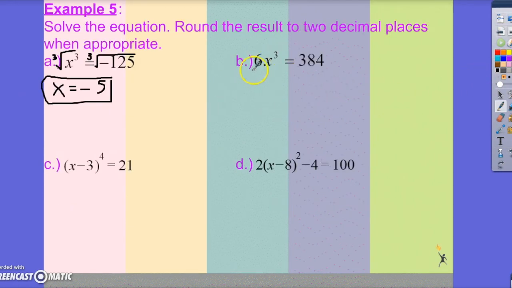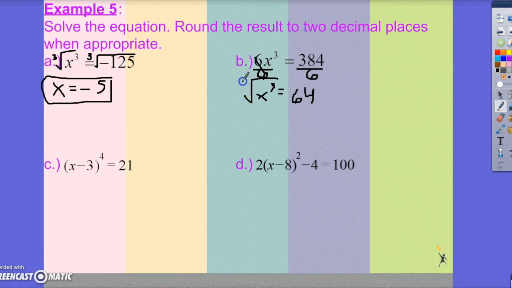Okay. B, we always want to divide and get the number away from it before we take care of a root. X cubed equals 64. So you always want to isolate the exponent and the variable by itself first. Just like we did with square roots. The only difference now is there's multiple roots in this chapter as opposed to chapter 4.